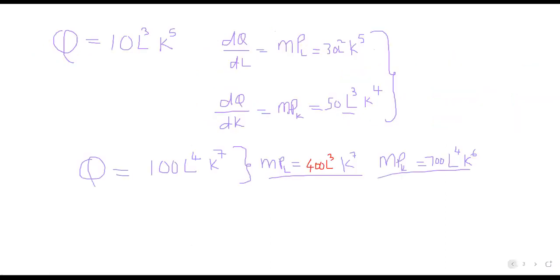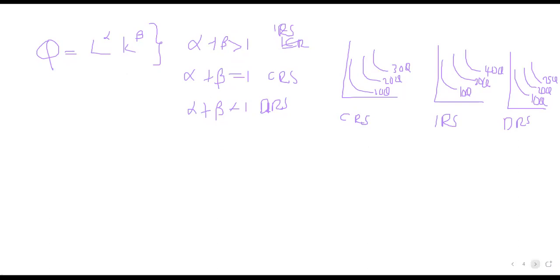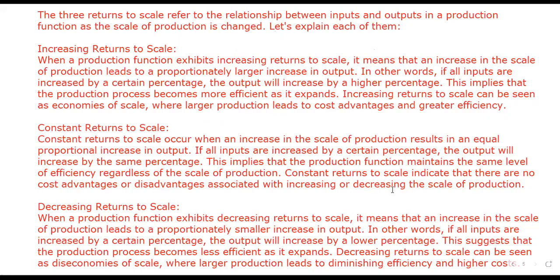There's also what we call constant returns to scale, which is a phenomenon that exists in production where, when we put in all our inputs, the output that we're going to get is the same percentage. So if we increase inputs by 10%, production will increase by 10%, the same level regardless of the scale of production.